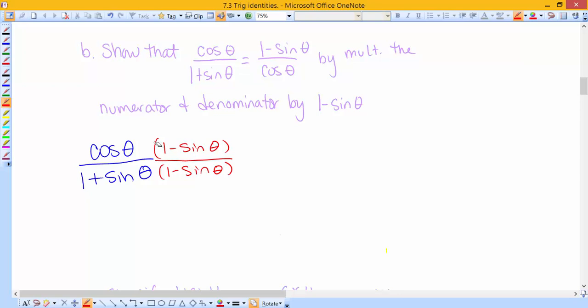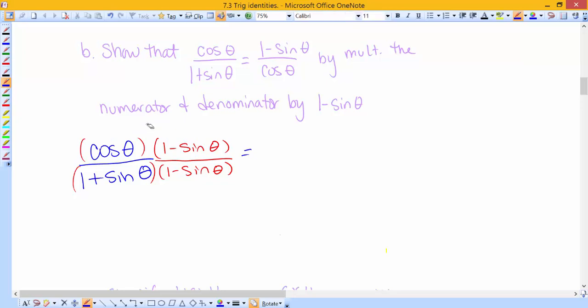So remember, you're multiplying. So it might be easier if you see these in parentheses. You're multiplying the original fraction by 1 minus sine. I am going to leave the numerator. I'm not going to distribute. You might be thinking, hey, I can distribute this. That's not what I'm going to do.